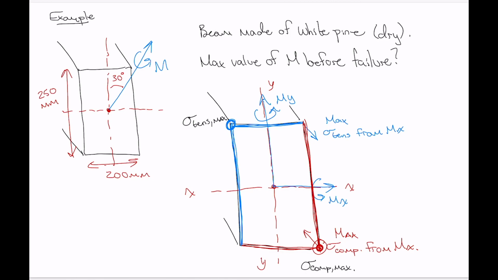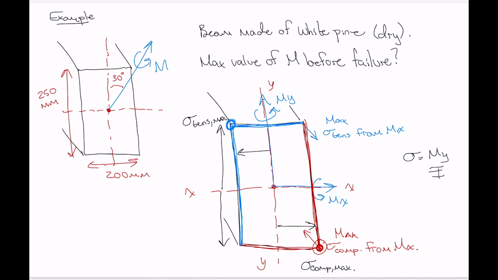When we do the stress calculation using My over I, the distance y to this point is the same as the distance y down to the bottom, and the same goes for the component of the stress relative to the y-axis, due to the y component of the moment. That distance there is the same as that distance there.